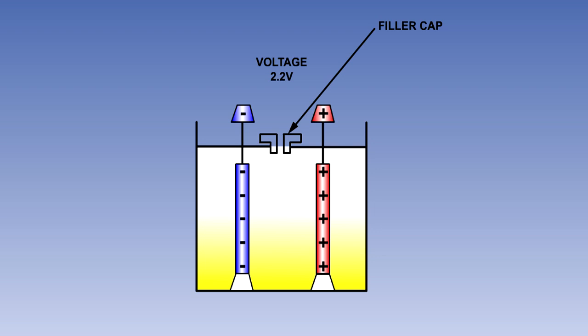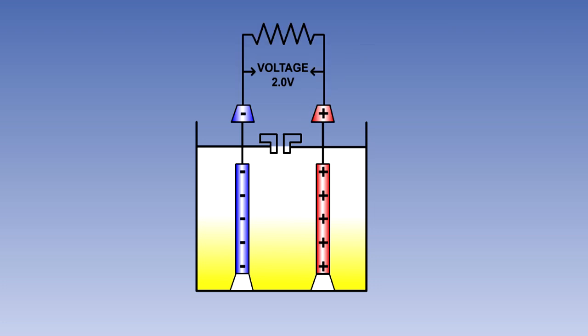The container is glass, or more usually hard plastic, with a filler cap to allow topping up with distilled water to replace water which is lost through evaporation during use. A vent hole in the cap allows the escape of hydrogen gas, which is produced when the cell is working.